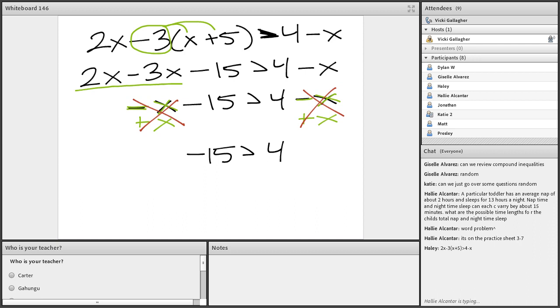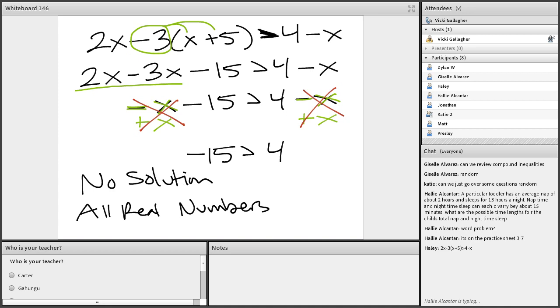I'm no longer solving for x because I don't even have an x. I now have two options for my answer. I have the option of no solution, and I have the option of all real numbers. So I've got to pick which one is appropriate, and it all depends on if this statement is true or false.